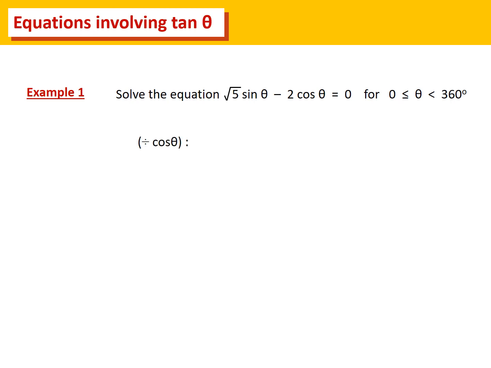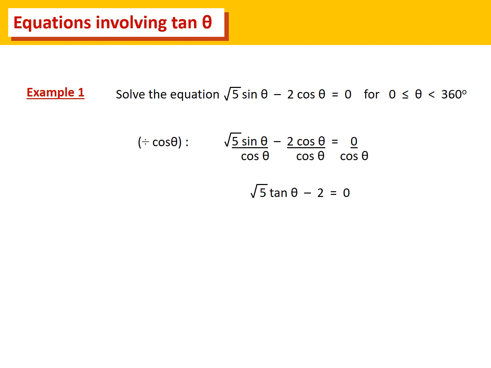The first thing we do is, if we divide by cos theta, we end up with that. Note on the right hand side, I've divided the 0 by cos theta just for completeness. Then the root 5 sine theta over cos becomes root 5 tan.